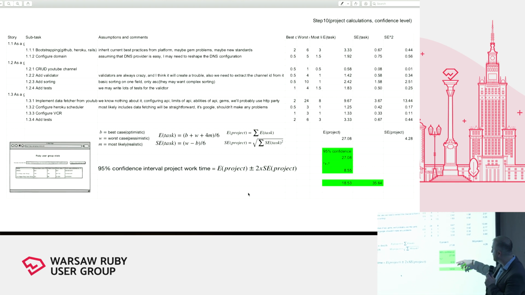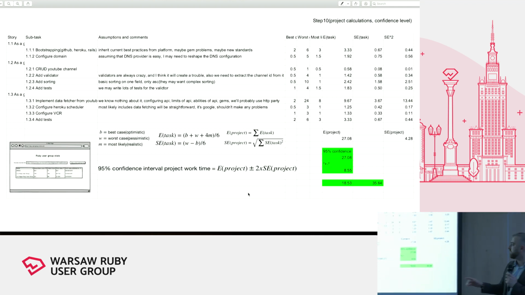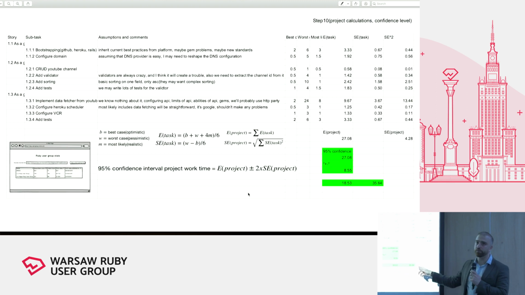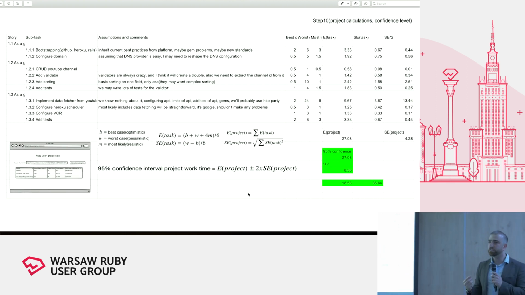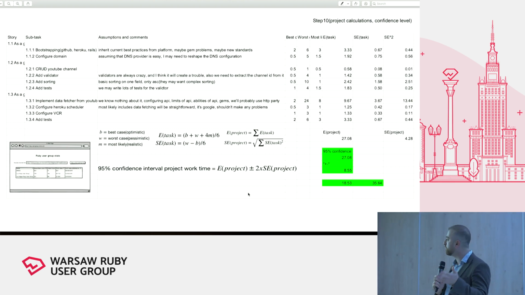When you apply it, you have 27 hours as weighted average, and you have 8 hours for 2 SE, which is giving you eventually 18 to 35 hours. With a 17 hours difference, this project would be done minimum 18 hours, maximum 35 hours. This is what the formula is telling us.